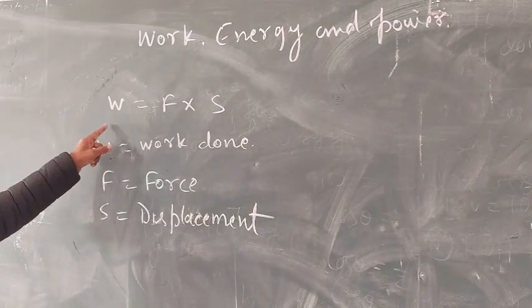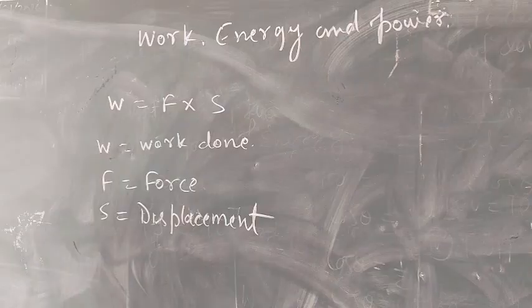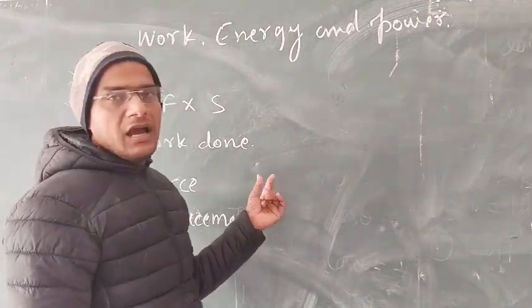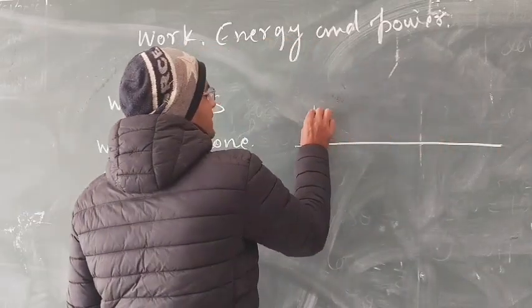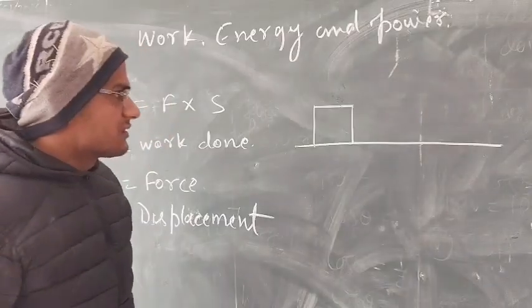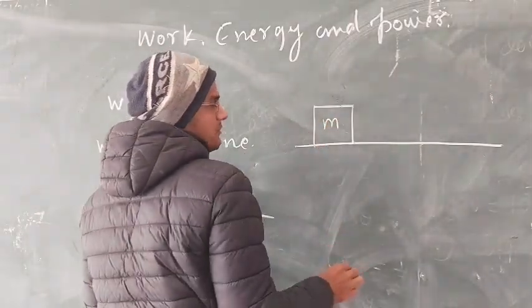In physics, the definition of work is force into displacement. If we apply a force on any object and displace it through a displacement S, then the work done will be F into S. Consider a block of mass M placed on a table.